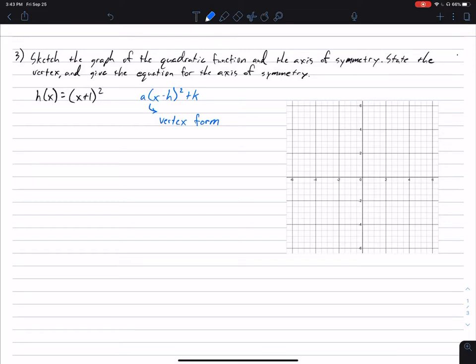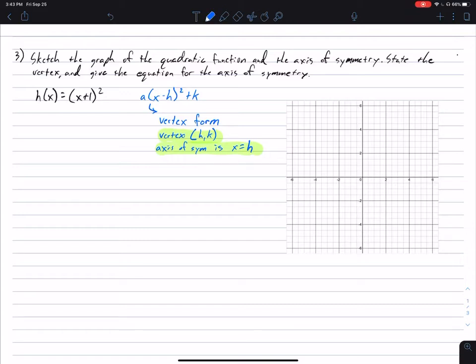And what vertex form tells us is that our vertex is h, k and my axis of symmetry is x equals h, whatever the h value happens to be. So we want to note that vertex form gives us the vertex and the axis of symmetry, which is what we're looking for in this problem. So it'll make our lives a little bit easier.